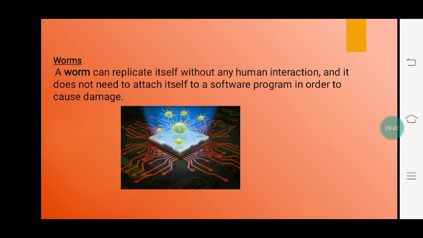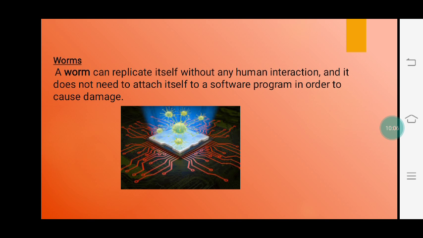Now let us see the worms. Now this is one of the most harmless threats, which is designed only to spread. It does not alter our system, but it can spread from one computer to another computer within a network or even the internet.